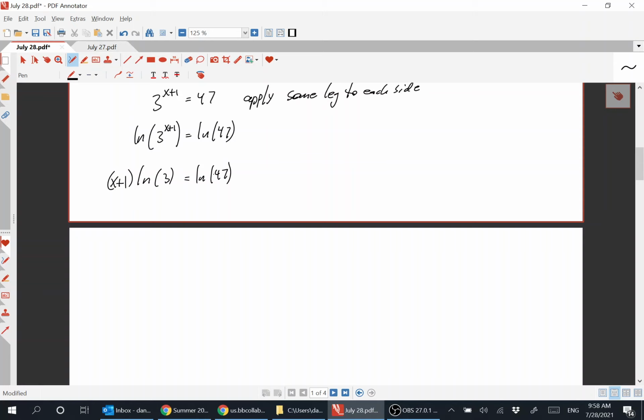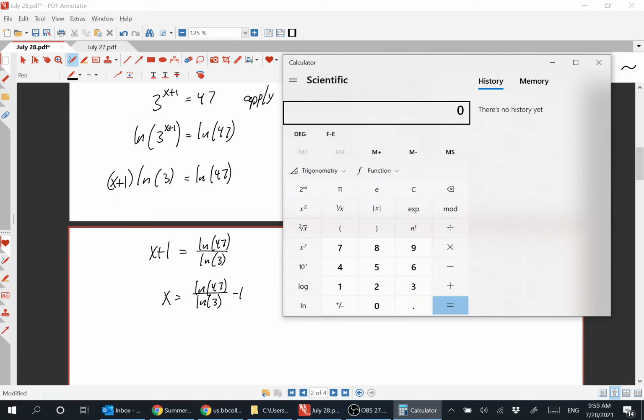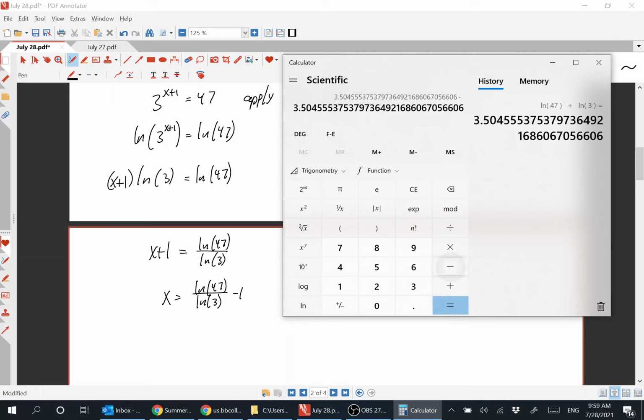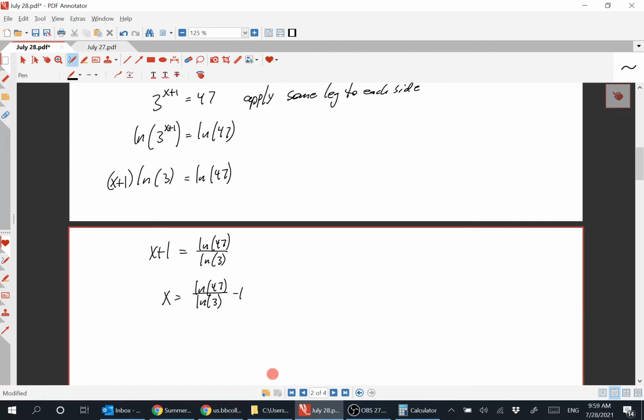All right, so divide by natural log of 3 on each side. So x plus 1 is natural log of 47 over natural log of 3. So x is natural log 47 over natural log 3, minus 1. And then you can pop that into a calculator and get an answer. So 47 natural log divided by 3 natural log, minus 1, is 2.5045.